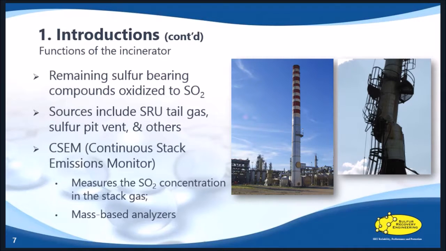In general, sulfur-bearing compounds auto-ignite at 350 to 380 degrees centigrade. However, to achieve so, a higher temperature in the combustion zone is needed. Typically, we achieve this by using fuel gas firing, and the temperature required to do so is 600 to 900 degrees centigrade. And this also depends on the capacity and the size of the plant.